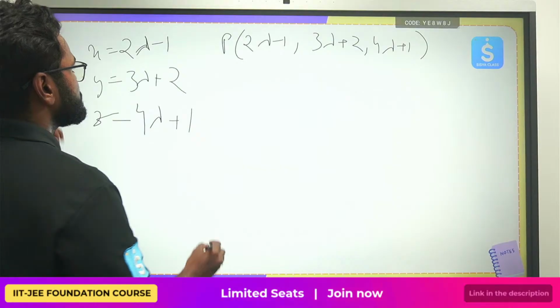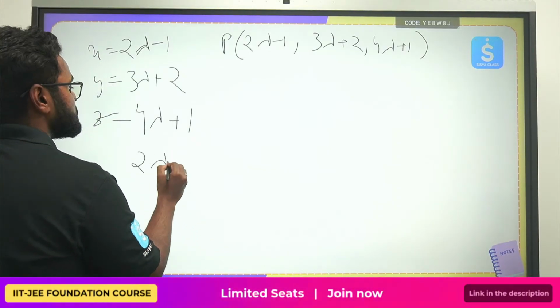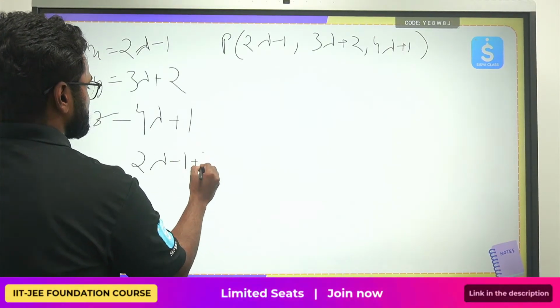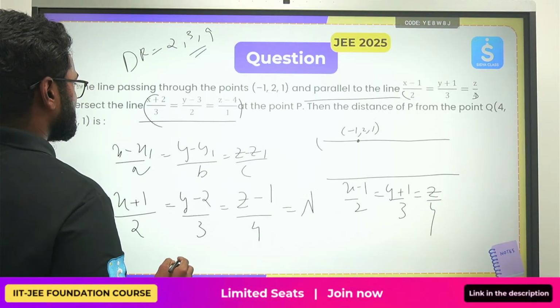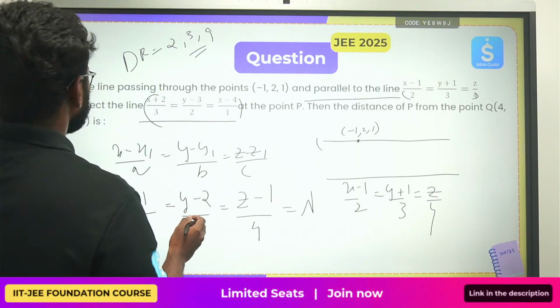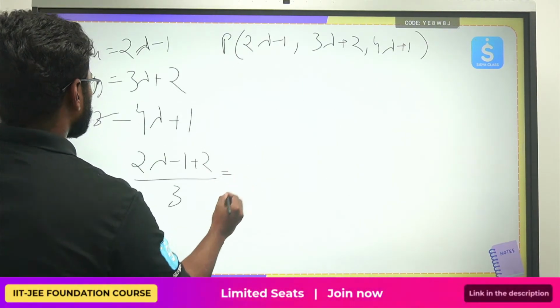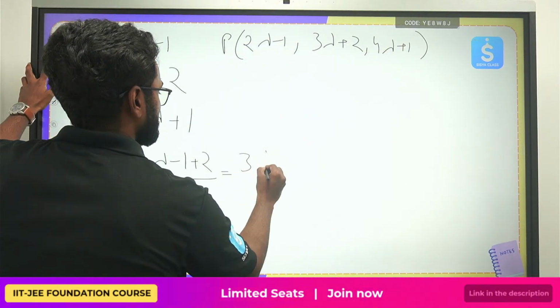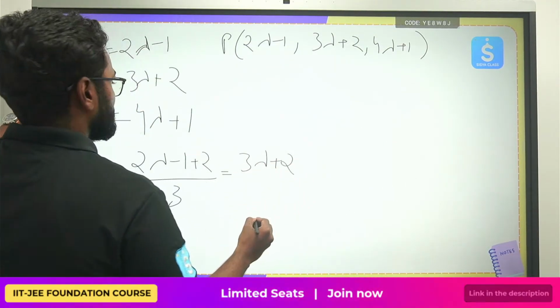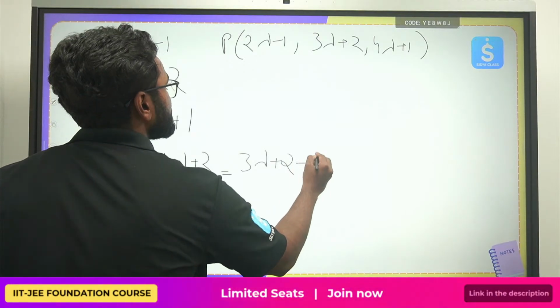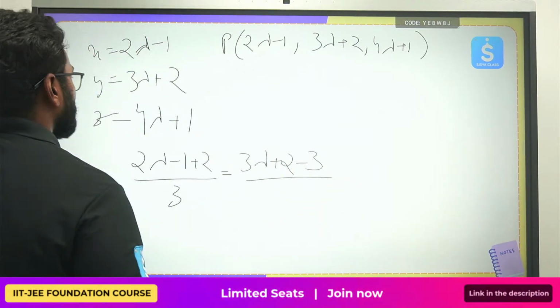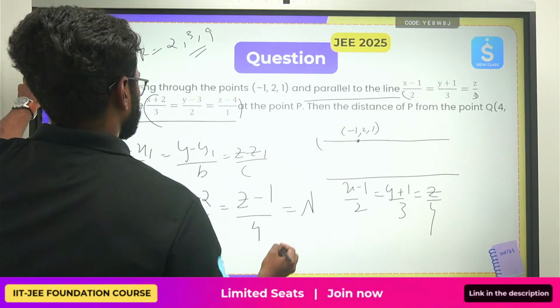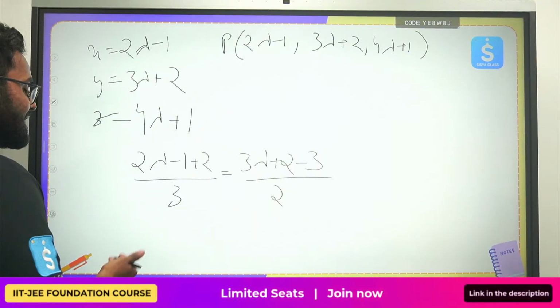Substituting, we get (2 sigma minus 1 plus 2)/3 = (3 sigma plus 2 minus 3)/2. Let us solve this.